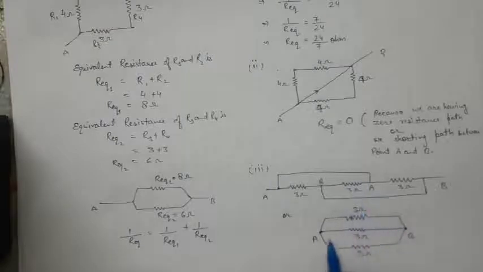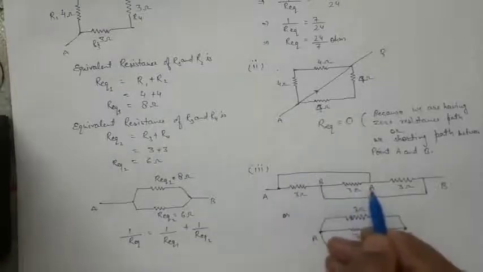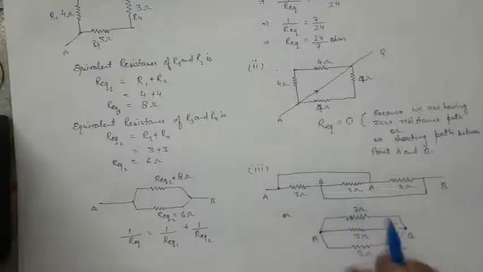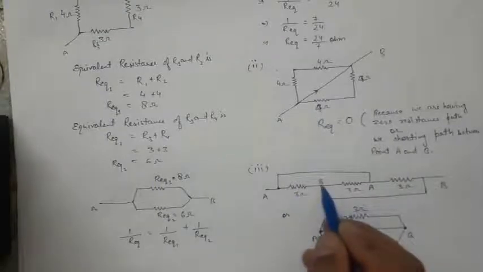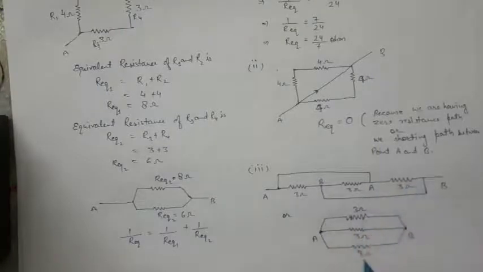Now we redraw the diagram in this manner, because here is point A and point B. The resistance between point A and point B is 3 ohm, the next between point B and point A is 3 ohm, and between point A and point B is 3 ohm. These 3 ohm resistances are connected in parallel.